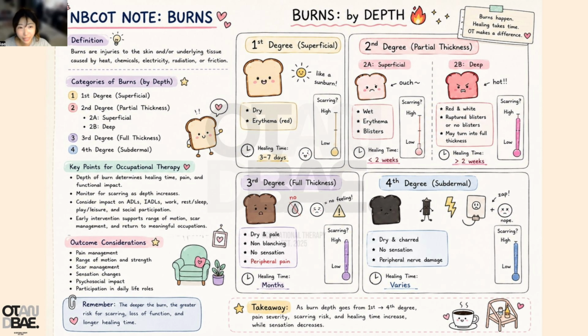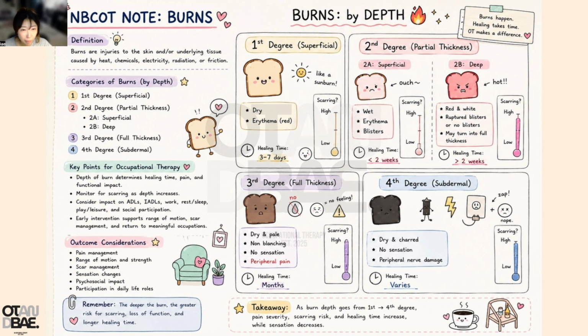Now, meet today's study buddy, Toasty. Yay! So you're going to see this little guide throughout the lessons because I wanted something that would make difficult concepts easier to remember. And for burns, Toasty is absolutely perfect. As the burn gets deeper, Toasty gets more toasted, right? I know it's silly, but that's actually the point.